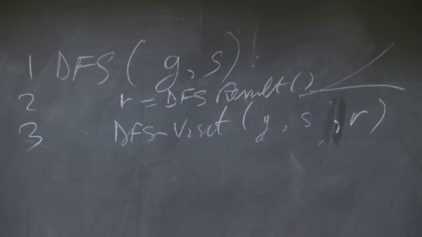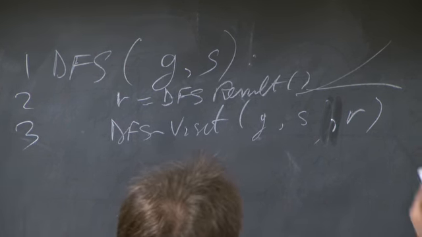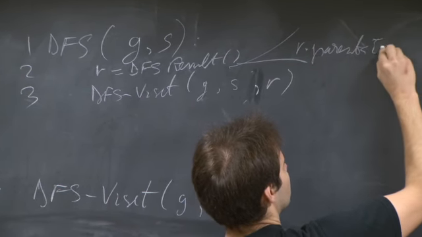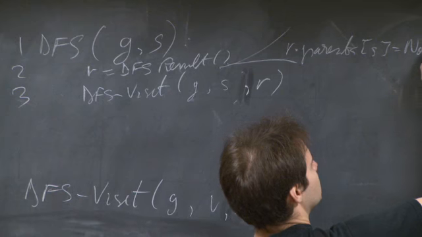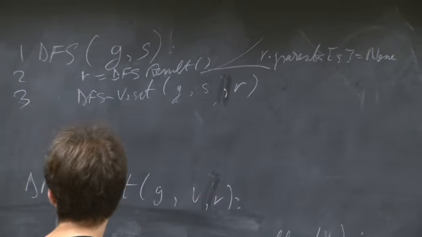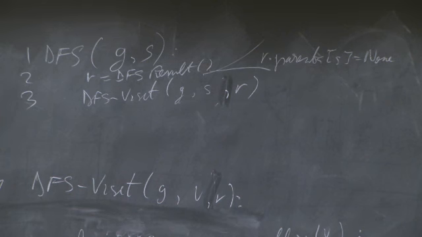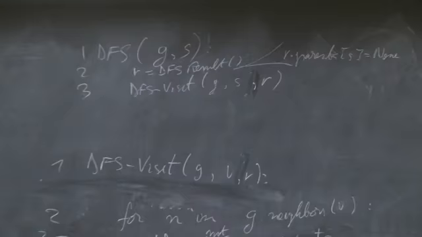Parent of S is none. Okay. So R dot parent of S is none. So now this works. Right? Any questions so far? Basic DFS works. Everyone's happy with it?